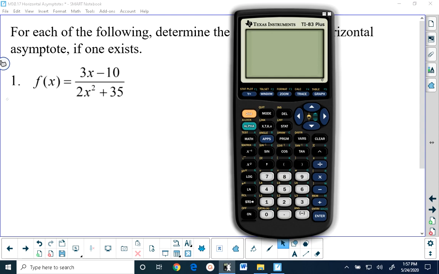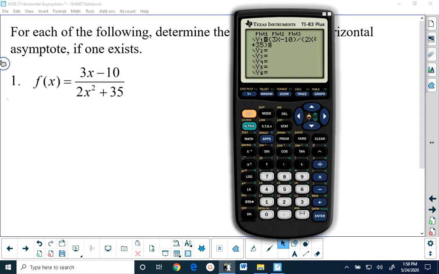Remember that with a horizontal asymptote, as x gets really, really big, if y starts approaching something, then that thing that it approaches is where the horizontal asymptote is. So we're going to put this function in for y. We're not going to look at the graph. We have to put 3x minus 10 in brackets, divided by, in brackets, 2x squared plus 35.